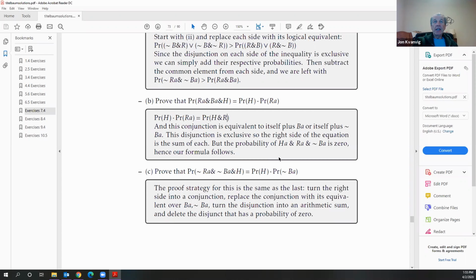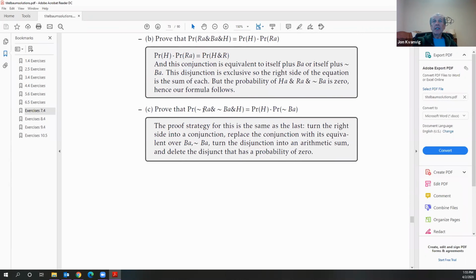Forgot to put the A in there. And this conjunction is equivalent to itself plus BA, or itself plus not BA, the negation of BA. This disjunction is exclusive, so the right side of the equation is the sum of each, but the probability of HA and RA and not BA is 0, hence our formula follows.